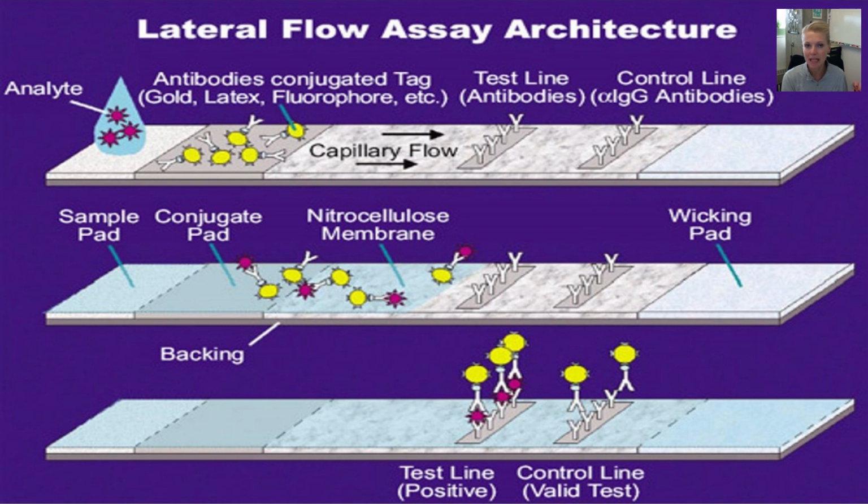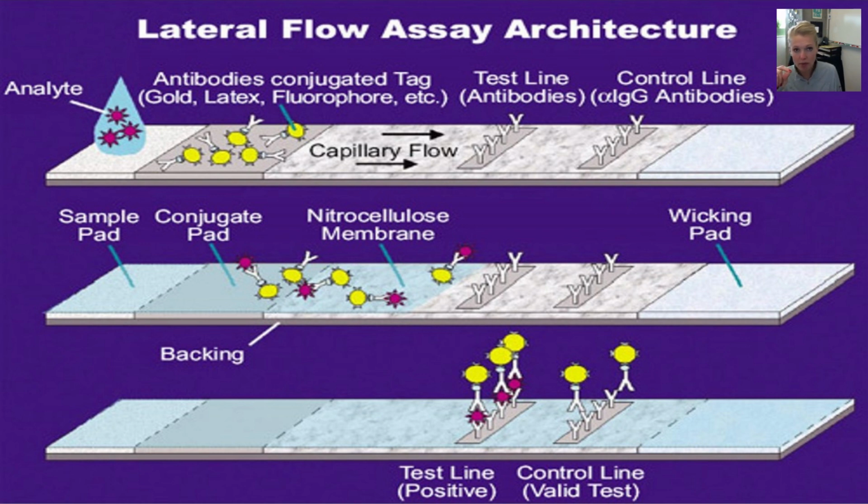There's going to be a sample, either nasopharyngeal or a nasal swab, and it's going to be mixed with a solution so that it's suspended in this liquid. That is called the analyte. The analyte is going to be that antigen that we're hopefully going to find.